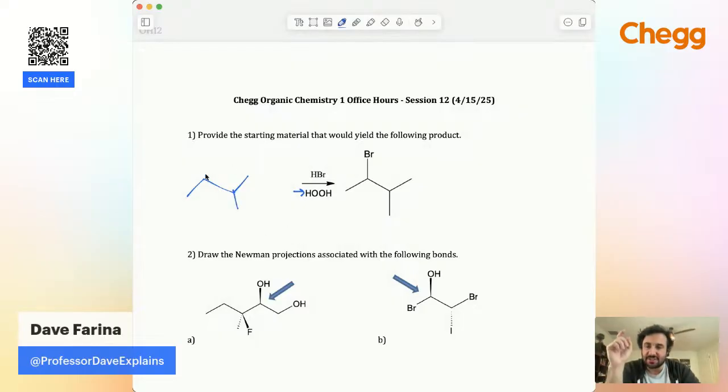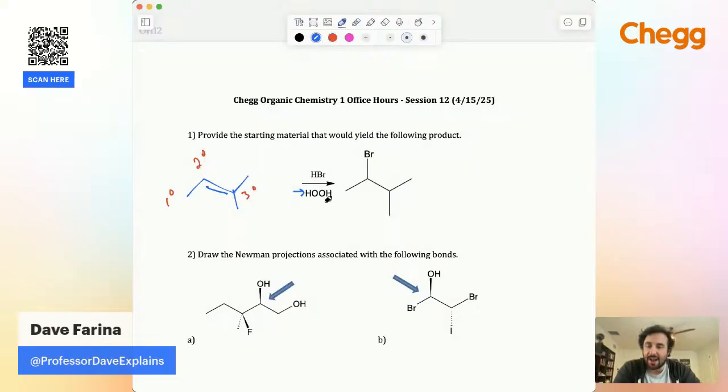And this is a secondary carbon. This is a primary carbon. This is a tertiary carbon. For the bromine to have gone here and for that to have been the less substituted carbon of the two, the pi bond has to have been there. I can do that better. Okay. So this is a secondary carbon. Here, this is a primary carbon, this is a secondary carbon, and this is a tertiary carbon.